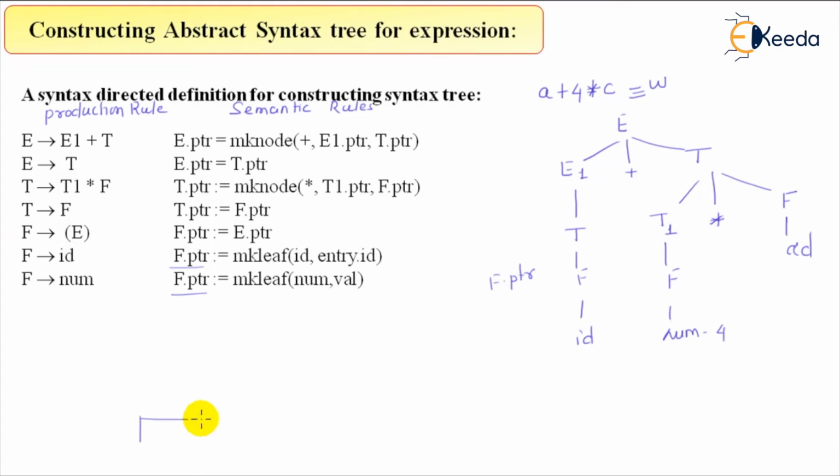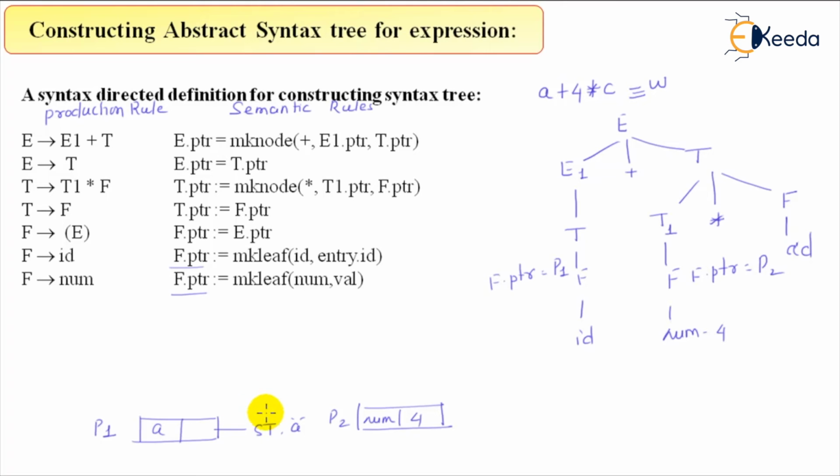Id dot entry will look like this, a, pointing towards the symbol table entry for a, and this pointer I'm calling p1, and f1 dot ptr will hold the value of p1. Similarly, there will be a make leaf num and num dot val. This is the entry I'm calling num, and the value is 4, and this is the pointer, suppose p2, and here f dot ptr will consist of pointer p2.